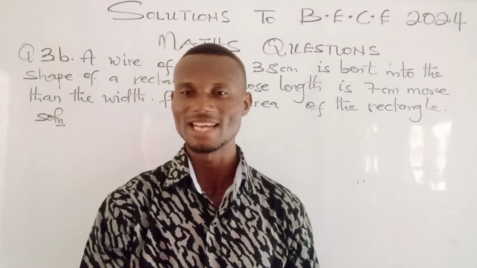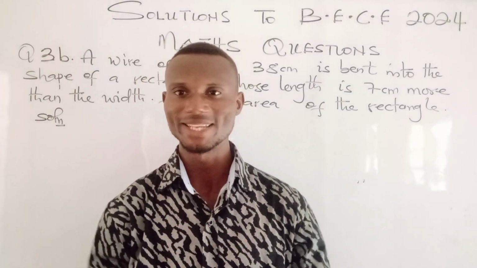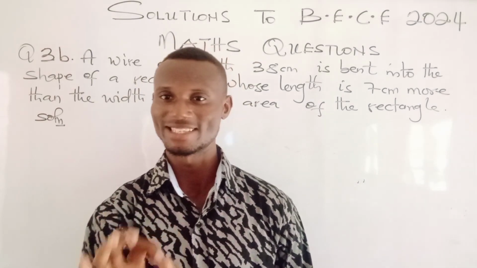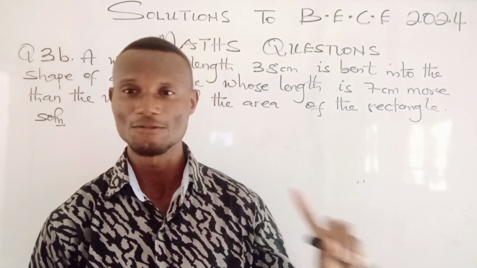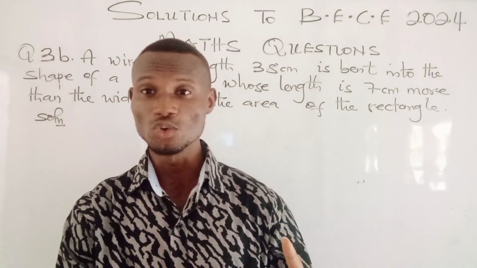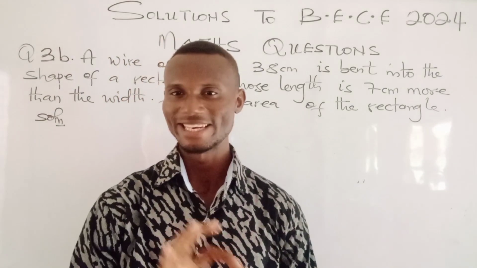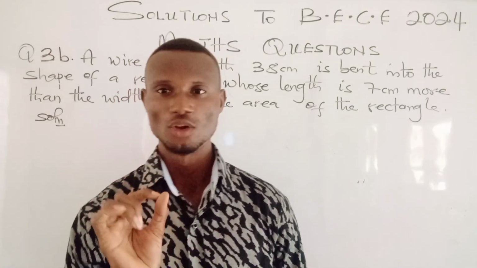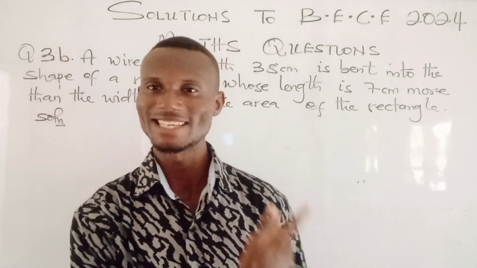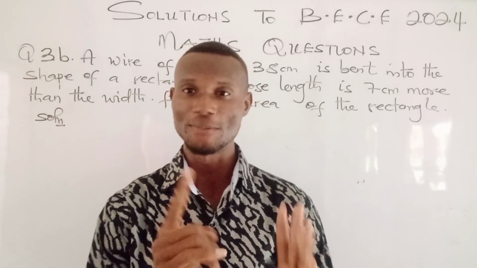So it tells you that that 38 centimeters forms the perimeter of the rectangle, because it is that wire of length 38 centimeters that has been bent into the rectangle. So if you are looking for what that 38 represents, it represents the perimeter of the rectangle.